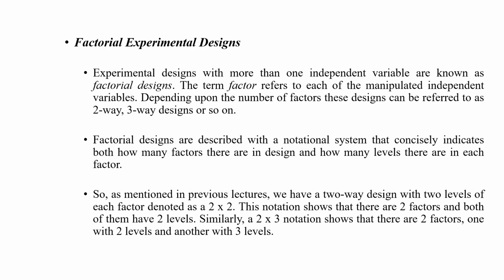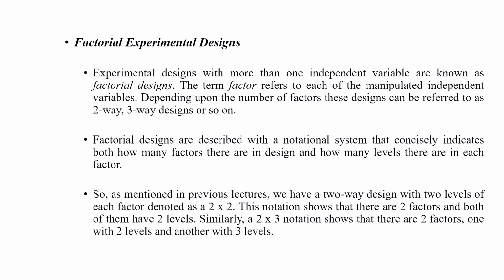If you have an experimental design that has 2 independent variables, it will be a 2 factor study. If it has 3 independent variables, it is a 3 factor study. If it has 4 independent variables, it is a 4 factor study, and so on. Now, depending upon the number of factors, you can call your design a 2-way design, or 3-way design, or a 4-way design, and so on.